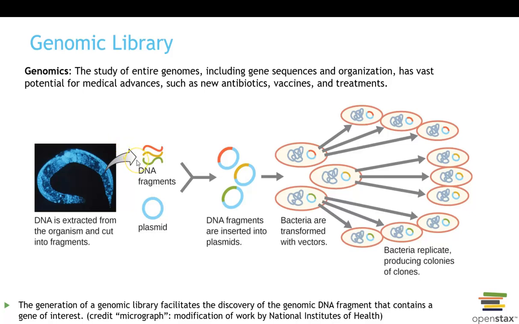So we cut the DNA into small pieces using one or two restriction enzymes, and then we cut the plasmid with the same restriction enzymes, and then with the help of the ligase we can insert these DNA fragments into the plasmid, and then we can transform the recombinant DNA into the bacteria, so the bacteria can replicate and produce colonies of those clones that we have.